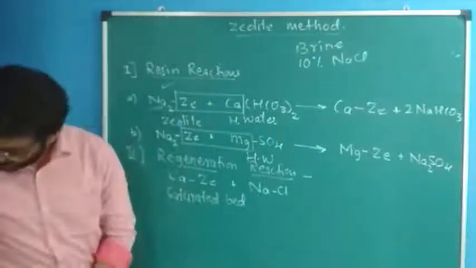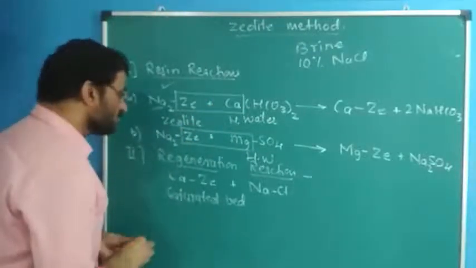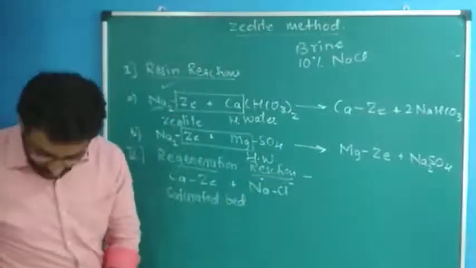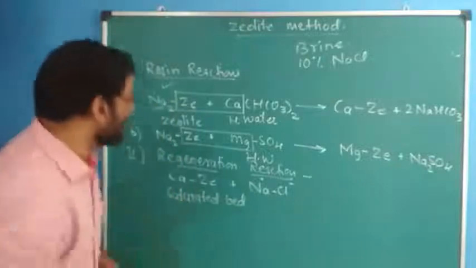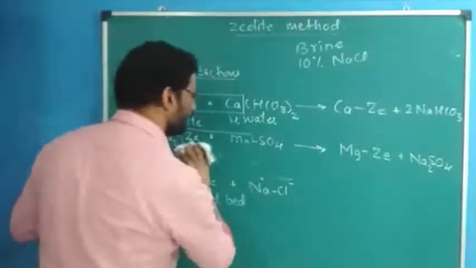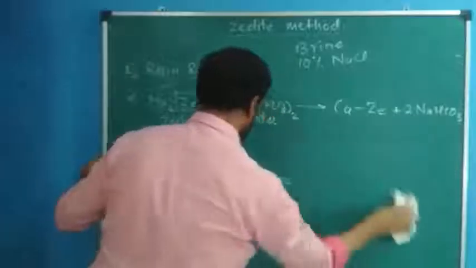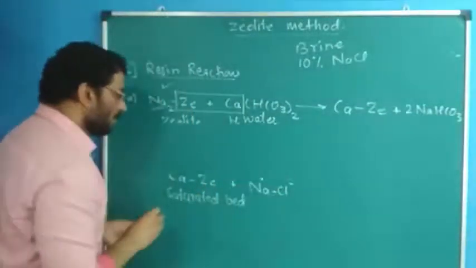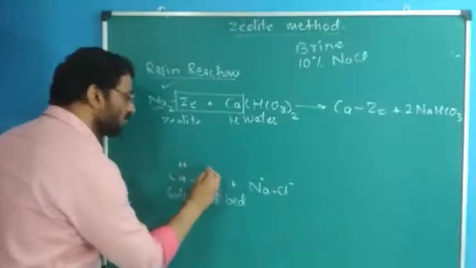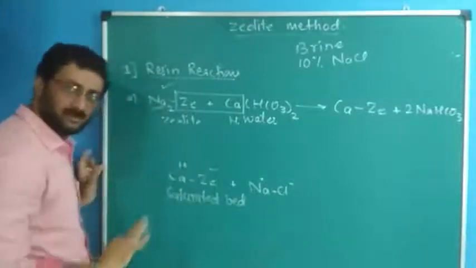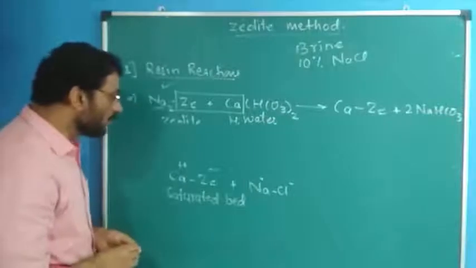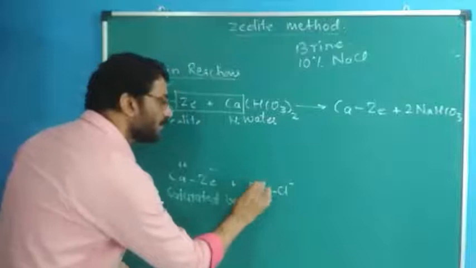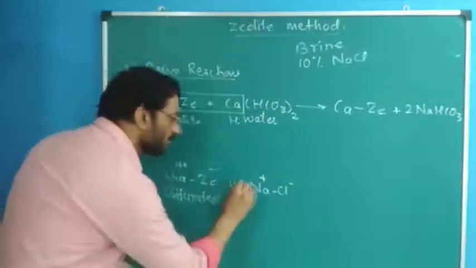What happens here? We know Na+ and Cl-. Now this calcium is 2 positive, so this must be 2 negative. To balance these 2 positive, I should have 2 here. Simple, so I will put 2 here.